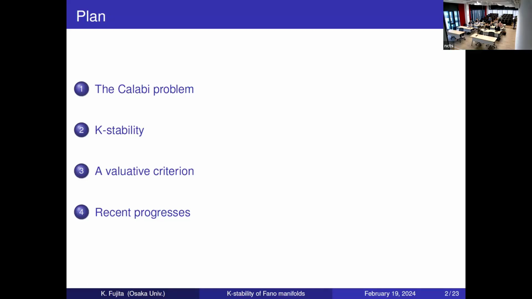So firstly, I would like to talk about what the Calabi problem is, and its algebraic interpretation, known as K-stability. Then I will explain the original definition of K-stability, and then its simplification named the valuative criterion. Finally, I will survey recent progress. So it is a kind of preparation for Vanya's talk, the next talk.